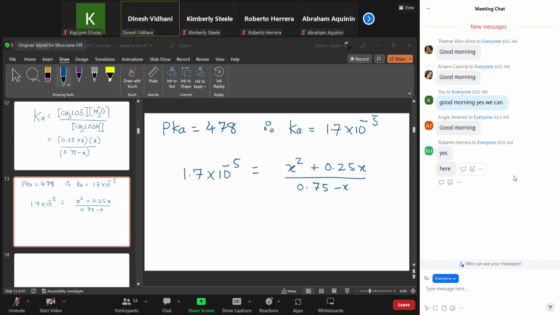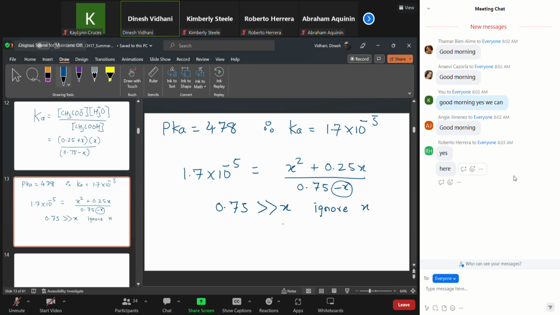Any idea what those assumptions would look like? X in the denominator is negligible, absolutely. So I can simply ignore X because X is too small. 0.75 is way bigger than X, so I can simply ignore that. I'm going to write here 0.75 is way greater than X, so ignore X.